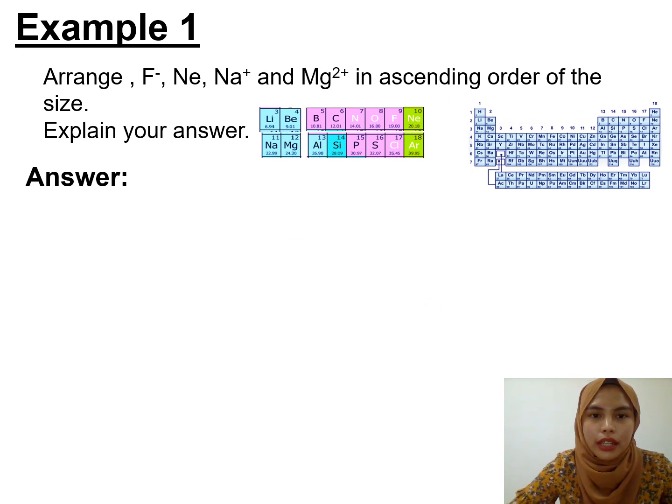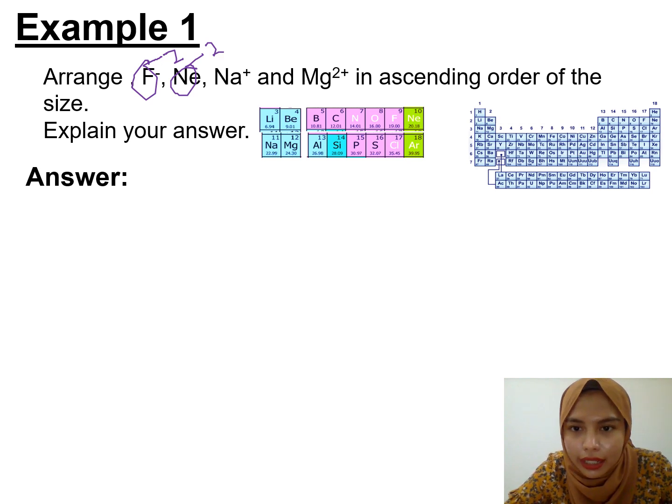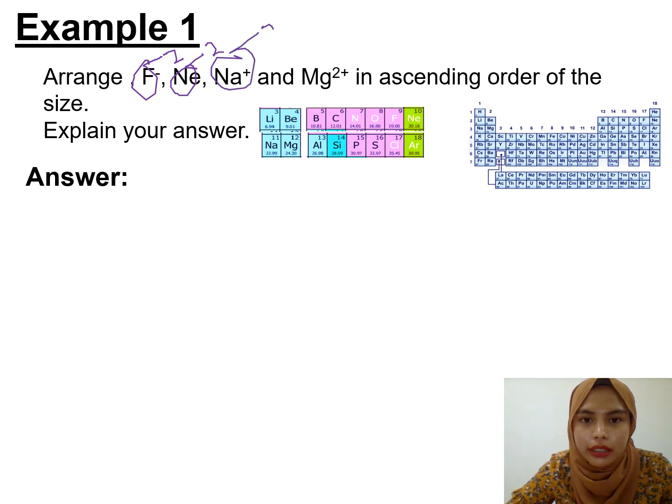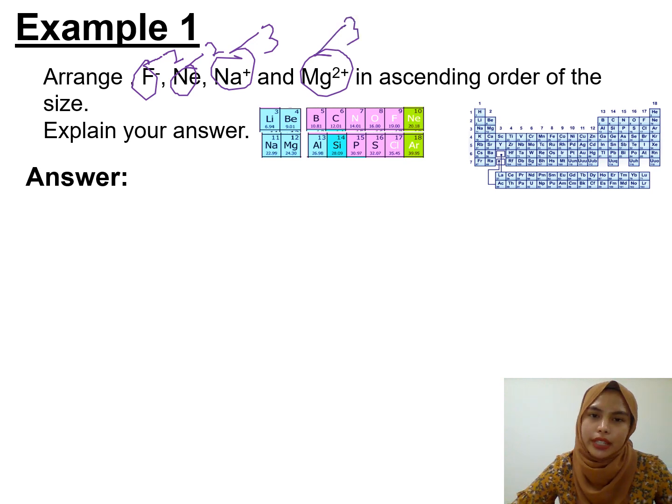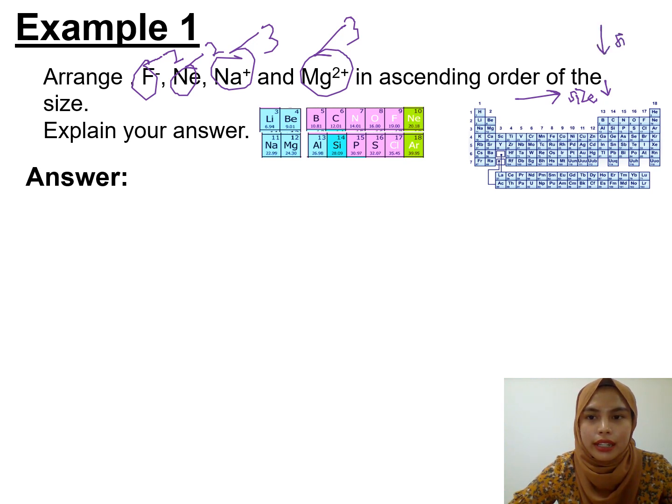So F kat period kedua, Ne period kedua, Na berada pada period ketiga, Mg berada pada period ketiga. So we know that if across the period, size akan kecil. And also kalau down the group, size akan besar.